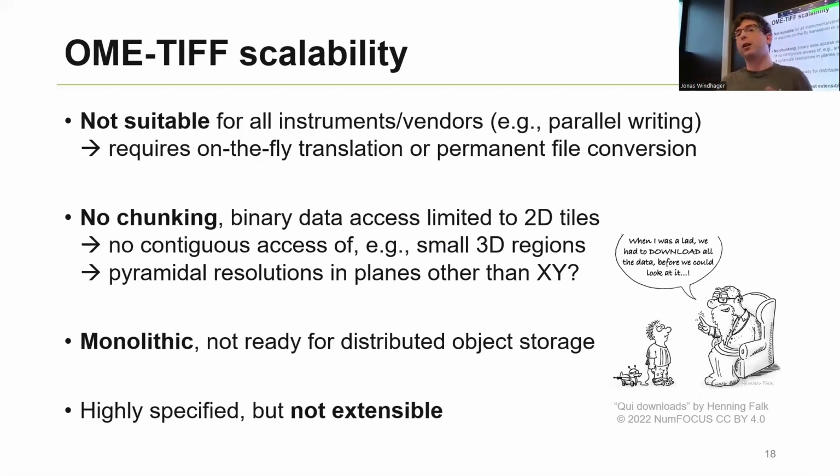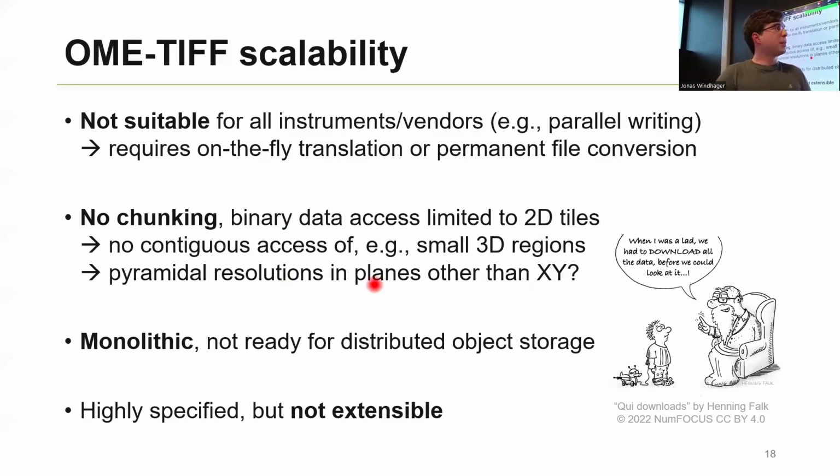Now, if you have a very large image, a 3D volume of light sheet data, and you want to get a small subvolume in 3D, for example, what you will need to do is load all the individual 2D slices, then crop them individually, and then reassemble them. Because you cannot, for example, have a tiled view in 3D.